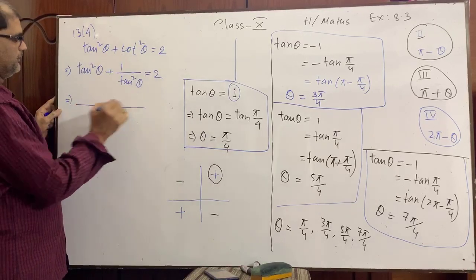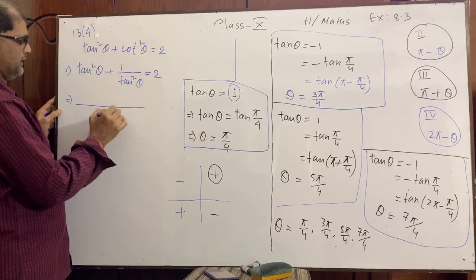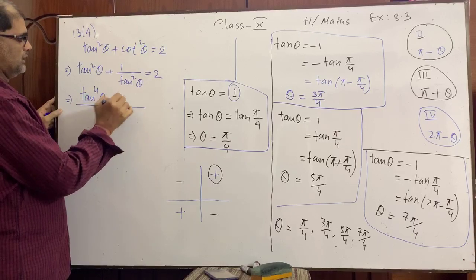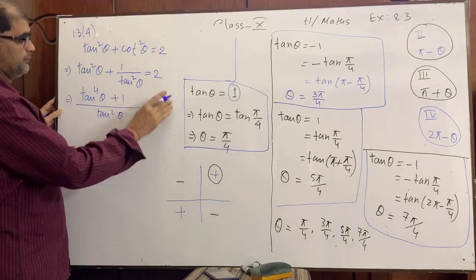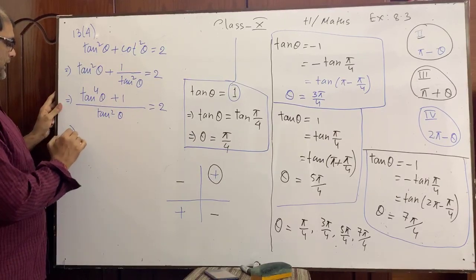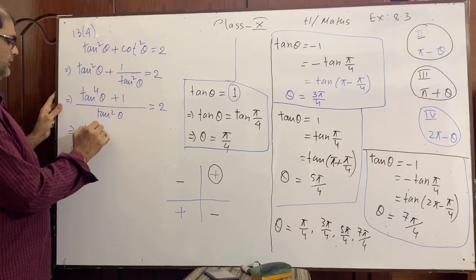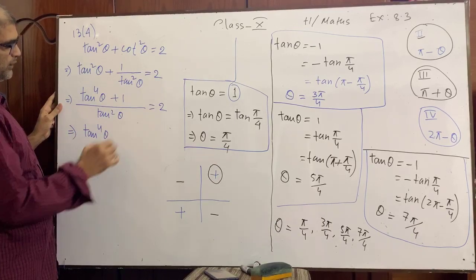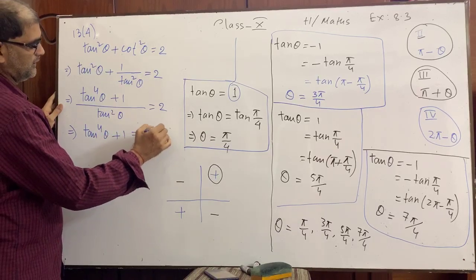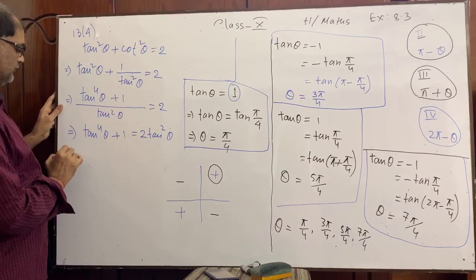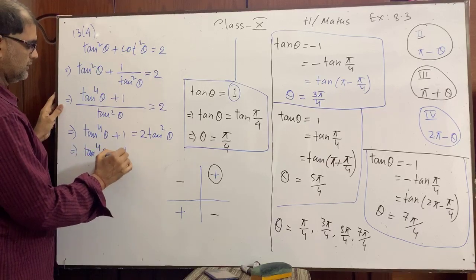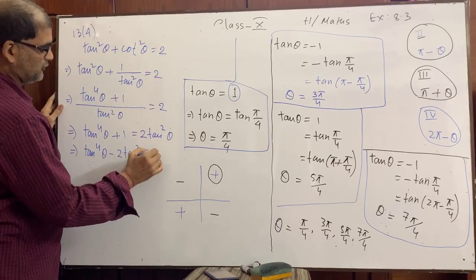Now get the LCM: tan 4 theta plus 1 over tan square theta equals 2. By cross multiplication we get tan 4 theta plus 1 equals 2 tan square theta. That means tan 4 theta minus 2 tan square theta plus 1 equals 0.